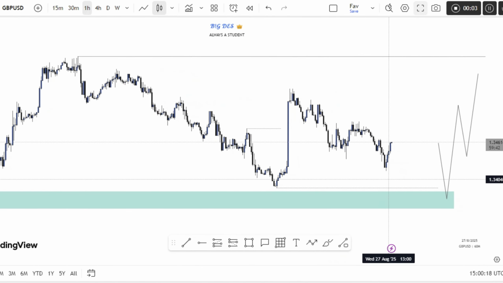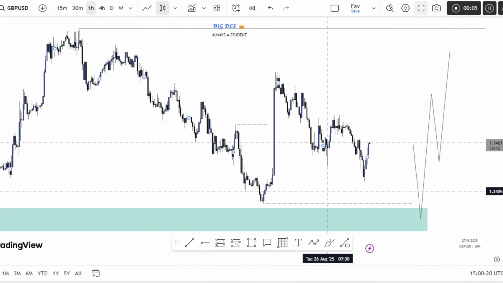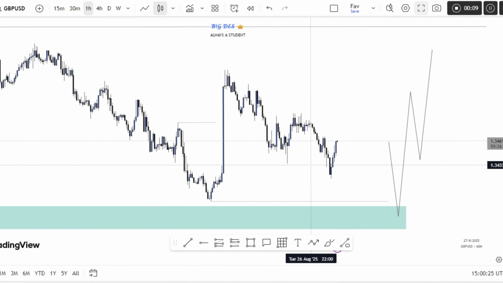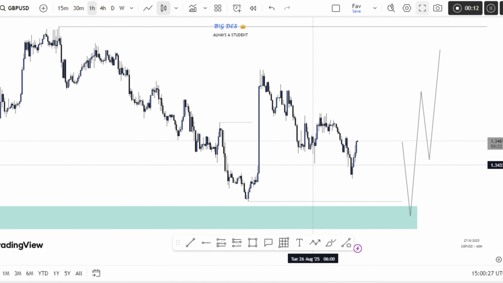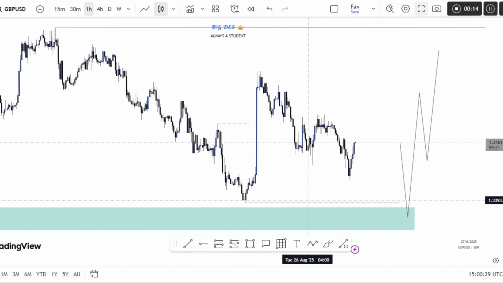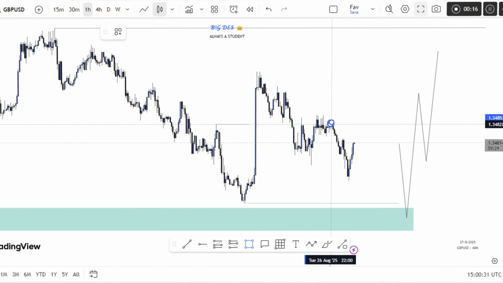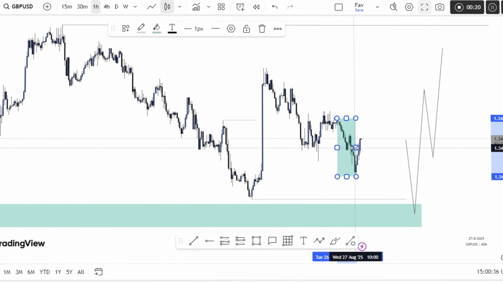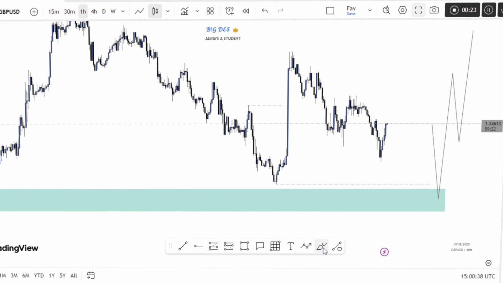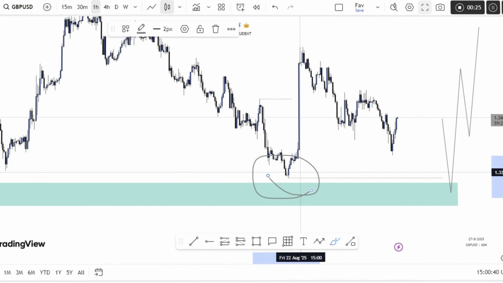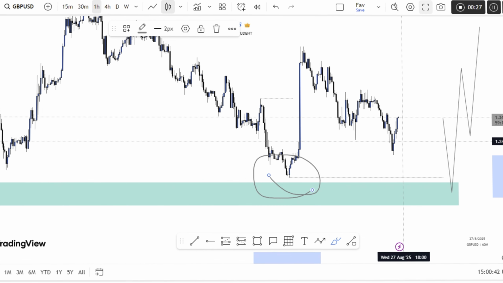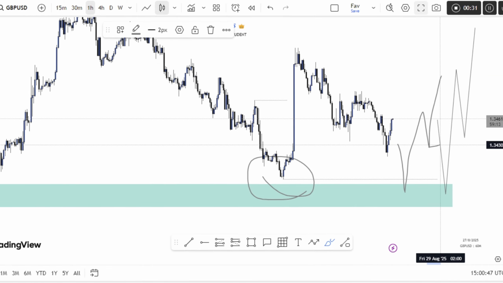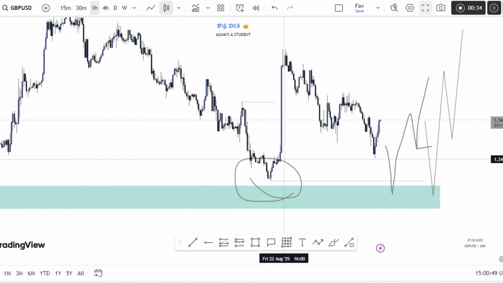Based on the current price action, everything that's happening right now today is giving us a hint that this low is going to fail, that price is likely going to walk through this before giving us a buy continuation.